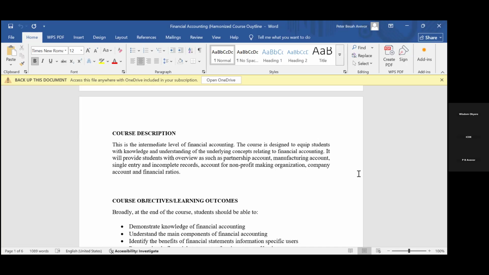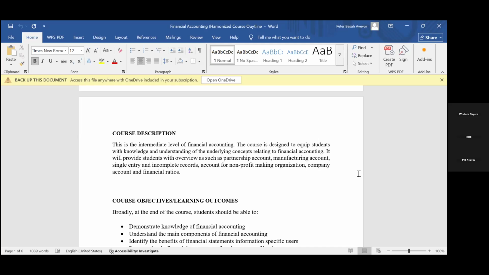So by the time we are done with this, at least you get an insight of the various kinds of businesses we operate in Ghana and the kinds of financial statements they produce.